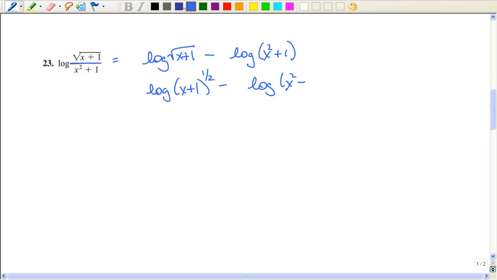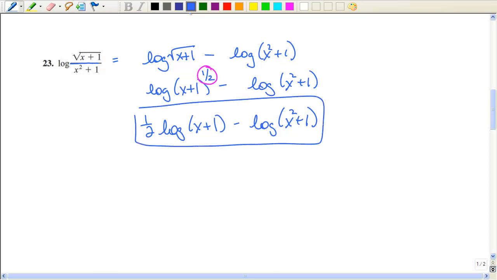So I'm going to rewrite that. And then using law number 3, I'm going to move that exponent down as a coefficient. And one more time, you cannot distribute across a parenthesis. So this would be your final expanded and simplified answer.